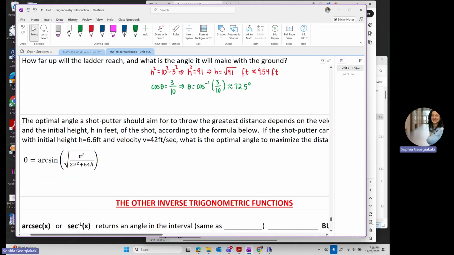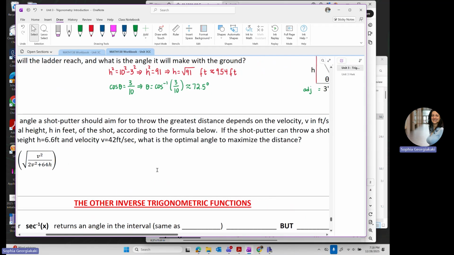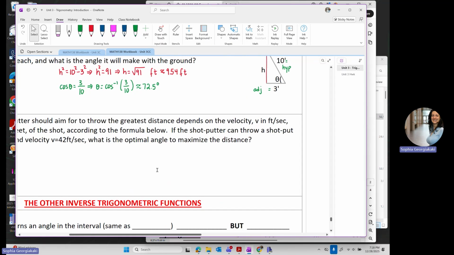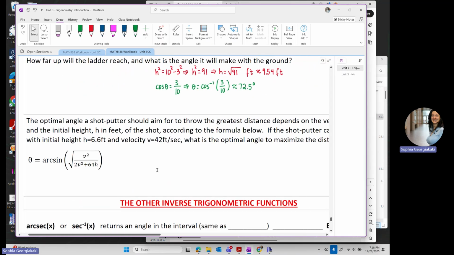Last one for this video, the optimal angle a shot putter could aim for to throw the greatest distance depends on the velocity v in feet per second and the initial height h in feet of the shot according to the formula below.